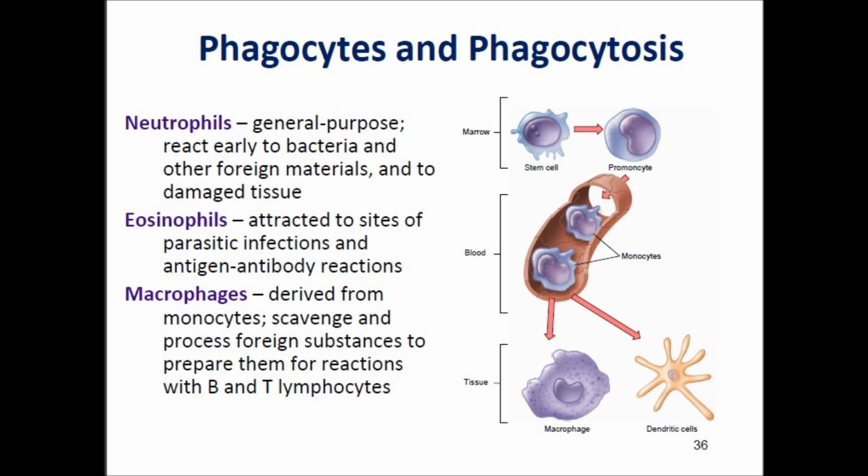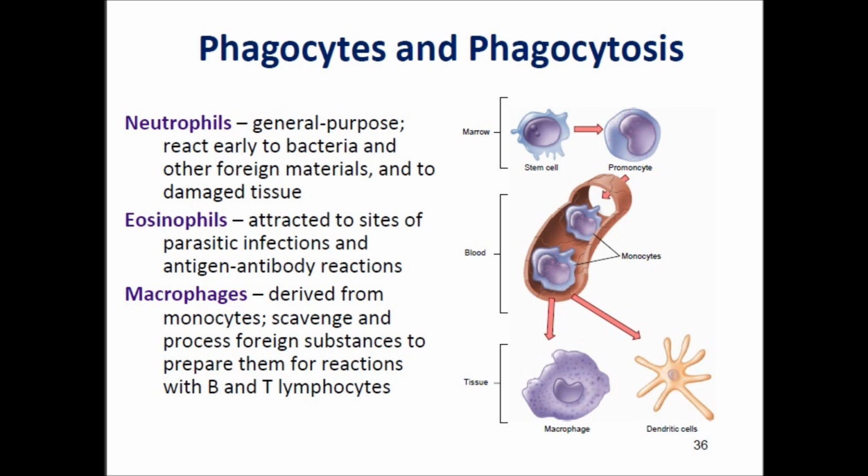So always remember, they're the ones that have the phage in it. They're derived from monocytes, and you can see that on page 2 if you go back to your white blood cells, and they help in the process of activating B and T lymphocytes. So those are the specific white blood cells.